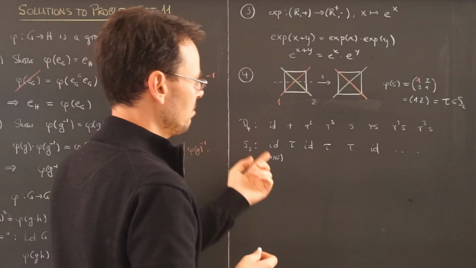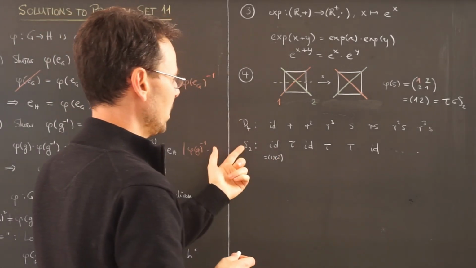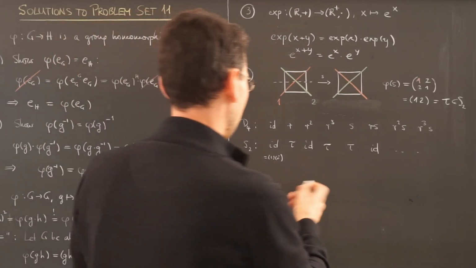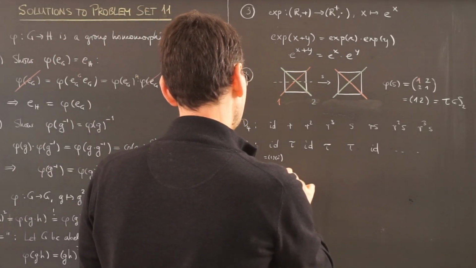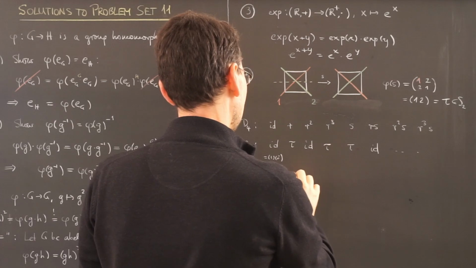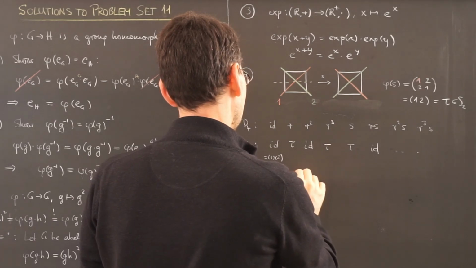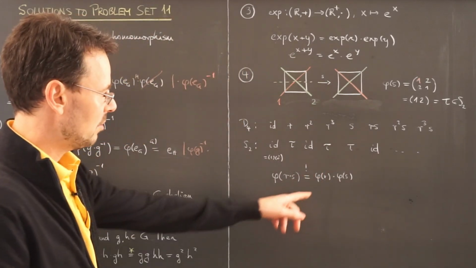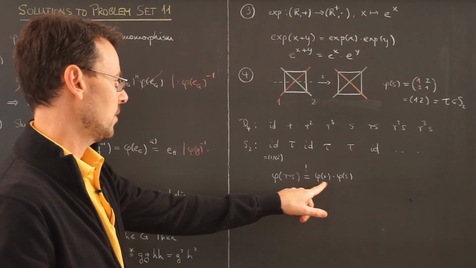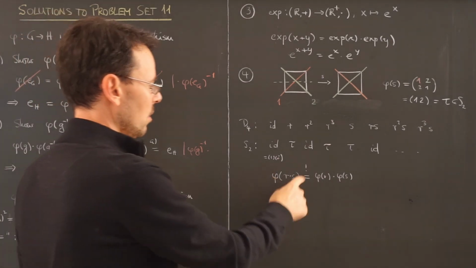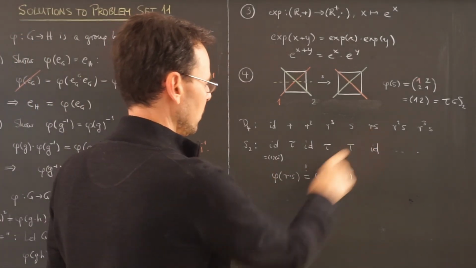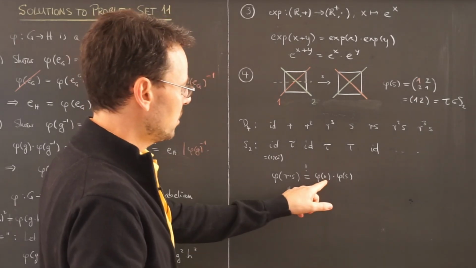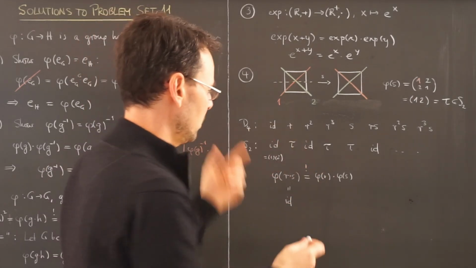So this clearly is a map from D4 to S2, but is it also a homomorphism? Why, yes, mainly for geometrical reasons. So if we take R composed with S, for example, this should be the same as this here. Is that true? Well, here we found out that this is the identity. This here, phi of R, is tau.